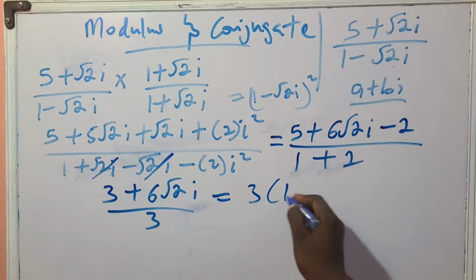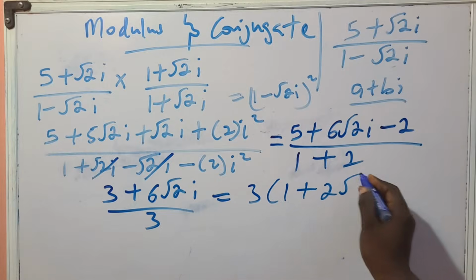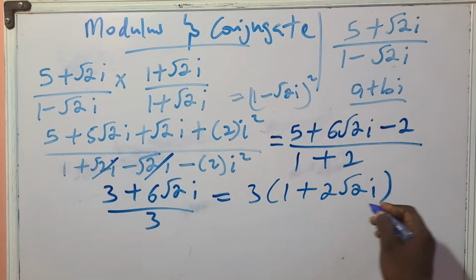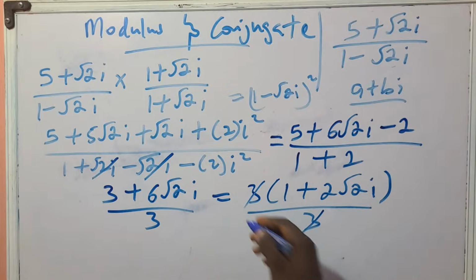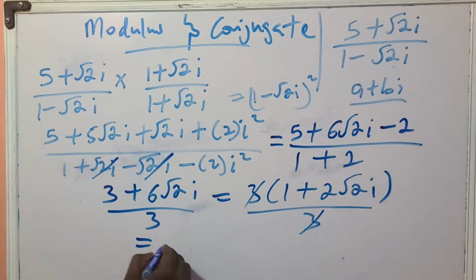That'll be 3 into bracket. We'll be left with 1 plus 2 square root of 2i, everything over 3. When you're done doing this, you can notice that the 3 will cancel the 3. And then our final answer will be 1 plus 2 square root of 2i.